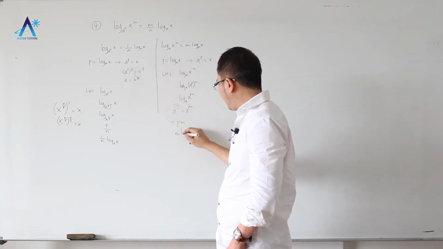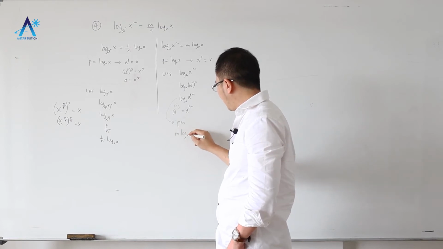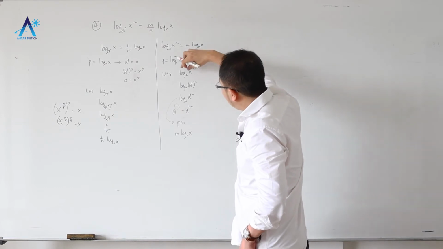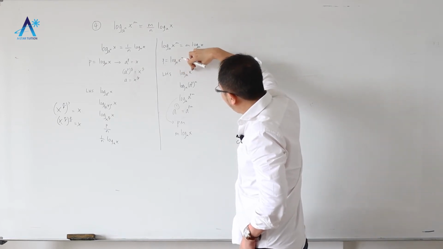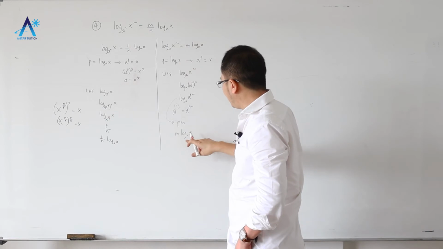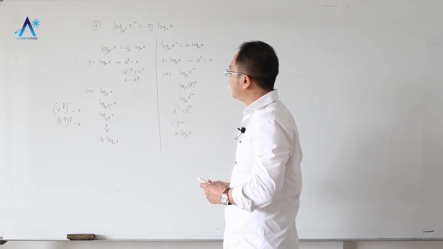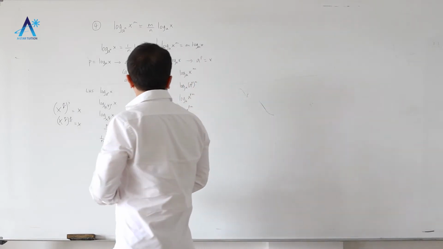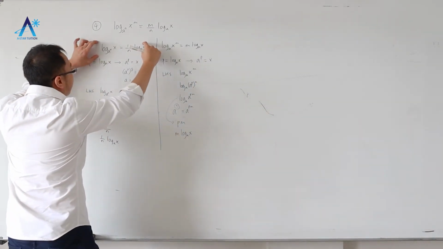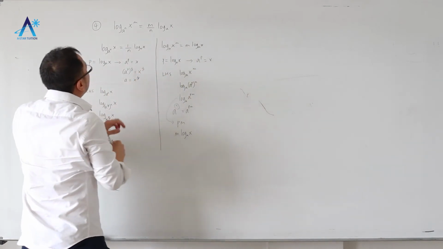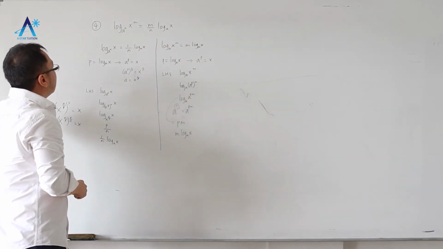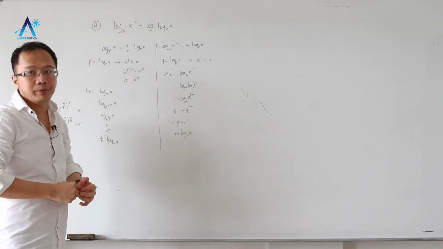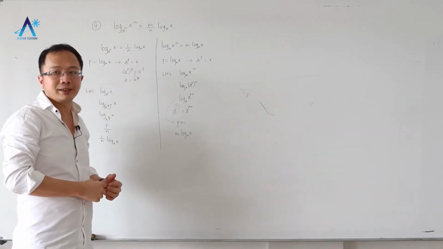So we have got m times log a x. Therefore, we have verified that log a x^m is equal to this one. Okay, then we have verified this as well as this one, and therefore the above equation has also been automatically verified.